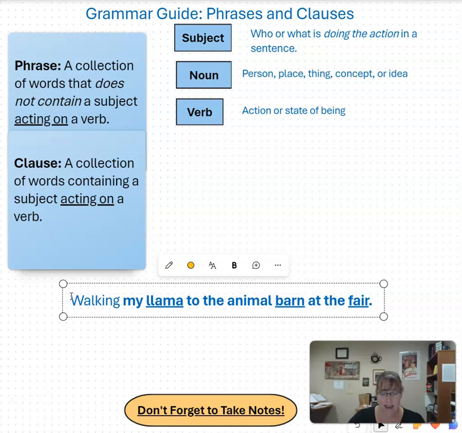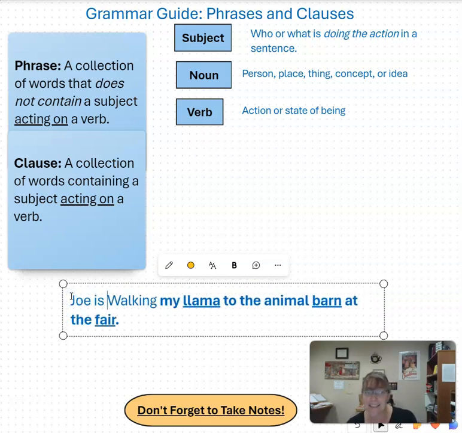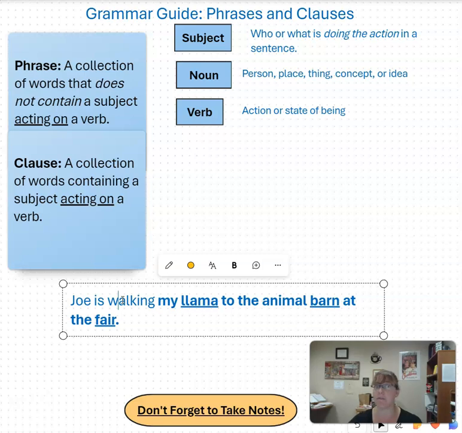For instance, if we say Joe is walking my llama to the animal barn at the fair. This is the person who is doing this action. This is Joe's state of being. Joe is walking. Okay, he is in the process of walking my llama to the animal barn at the fair.